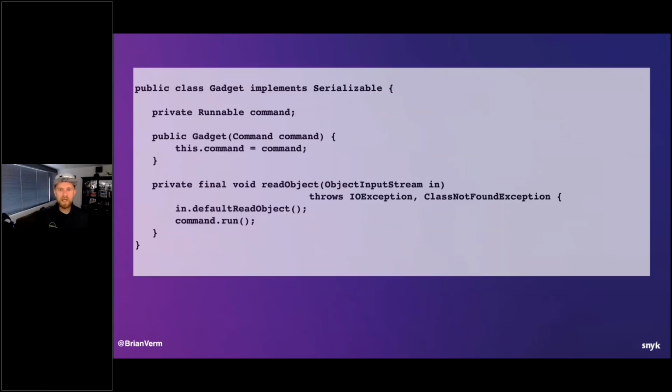Say we have a serializable object and I implement readObject, and one of my fields is a runnable command. In readObject, which is called reflectively by deserialization, I do the default read, and then I actually run the command. So I have a side effect.